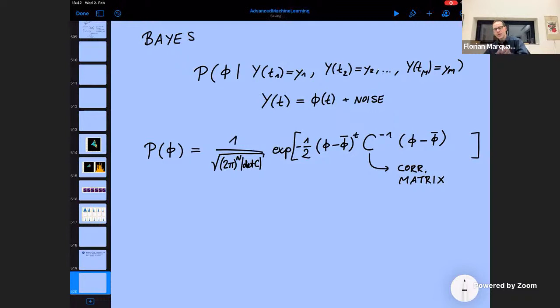And then both the correlation matrix and the phi bar have already been updated according to the set of measurements that have taken place previously, in a way that we actually discussed when we first discussed Gaussian random processes. But it's not so important. This might also be your prior distribution, and someone gave to you C and phi bar. And n is the number of grid points here.